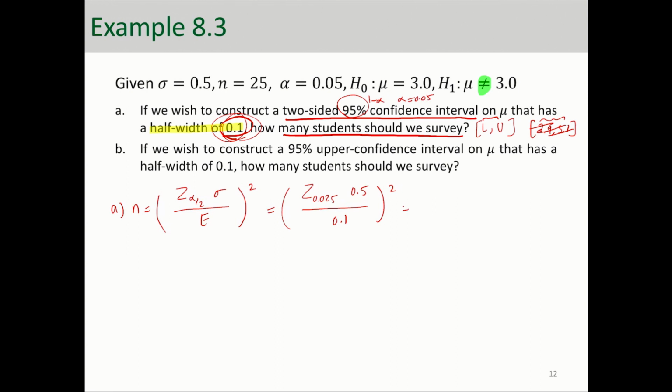And if you calculate that, that is 96.04. And as I mentioned, you should always round this up to 97.